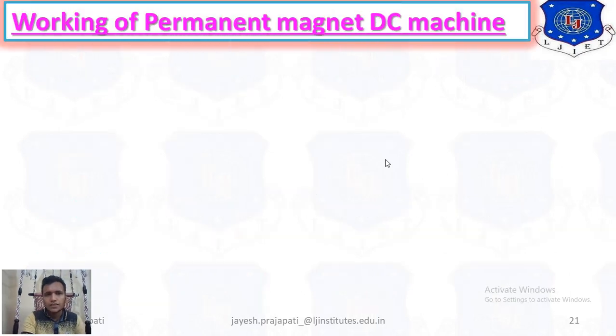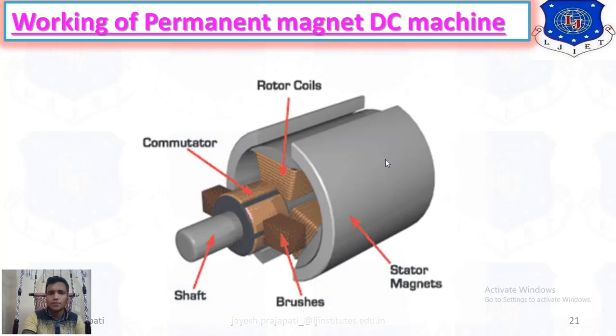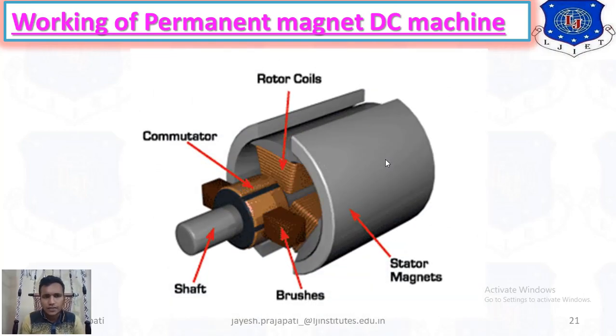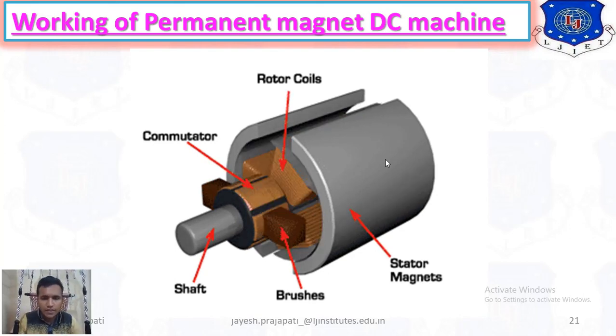Now if we look at the working of a permanent magnet DC machine, it works like this. We can say that this is a working model for a permanent magnet motor. You can see in the figure that this is the stator magnet, the fixed two poles. We can say two poles, electromagnet or permanent magnets.